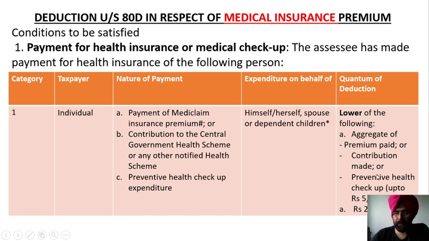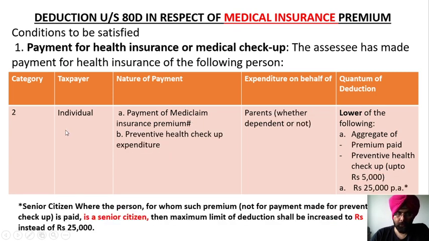Suppose the person has paid medical insurance premium of rupees 25,000 plus 5,000 health checkup expenditure, so the maximum will be 25,000 only. Suppose a person pays 10,000 as medical insurance premium plus 6,000 as preventive health checkup, he will be allowed only 15,000 rupees, because 1,000 will be ignored, as preventive health checkup can be claimed to a maximum of rupees 5,000.